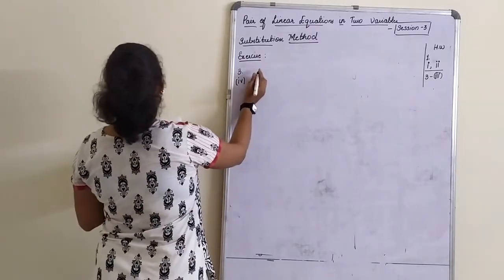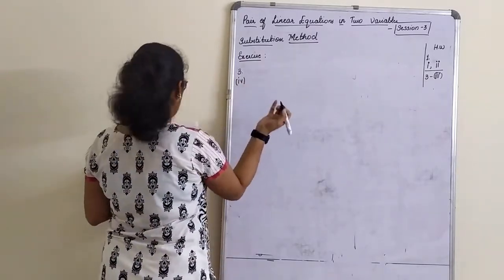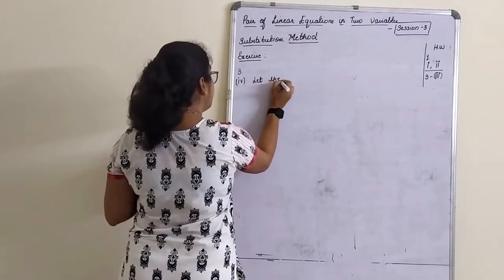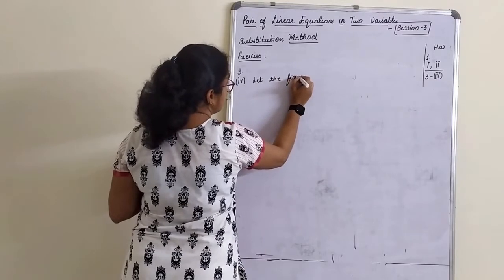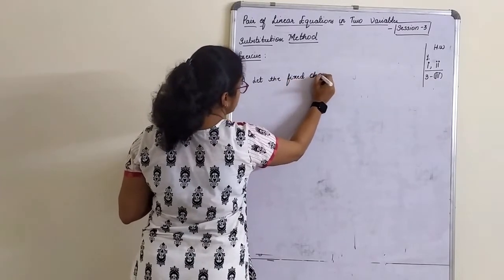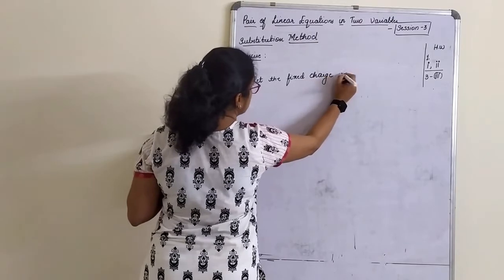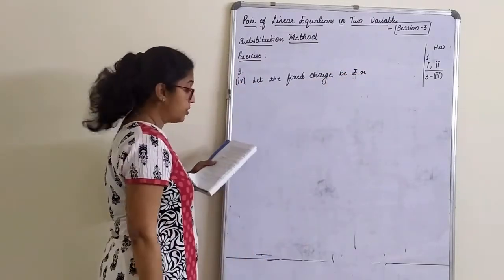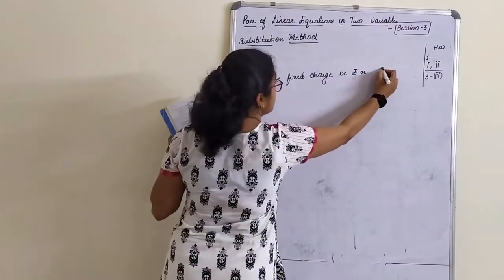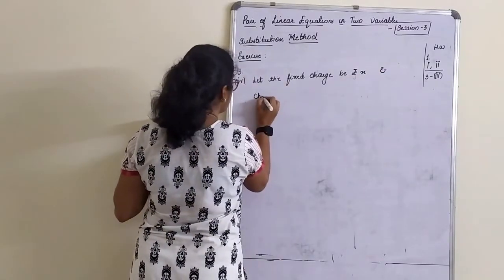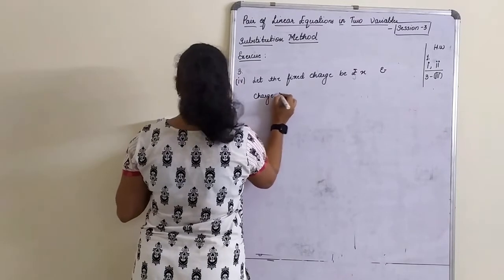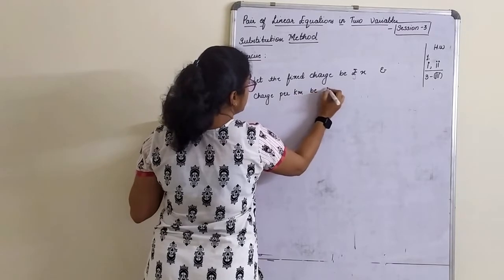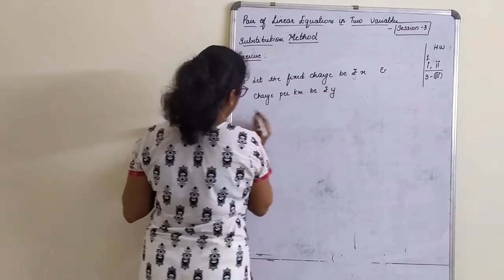So first of all, let us write what the fixed charge and the charge per kilometer are. Let the fixed charge be rupees x, and the charge per kilometer be rupees y.